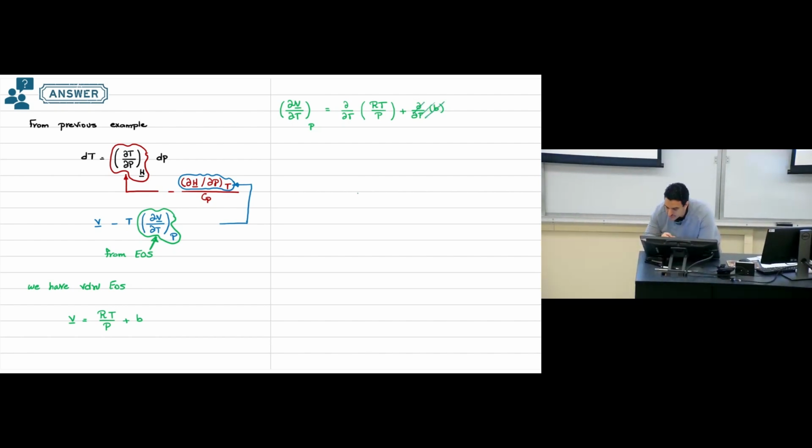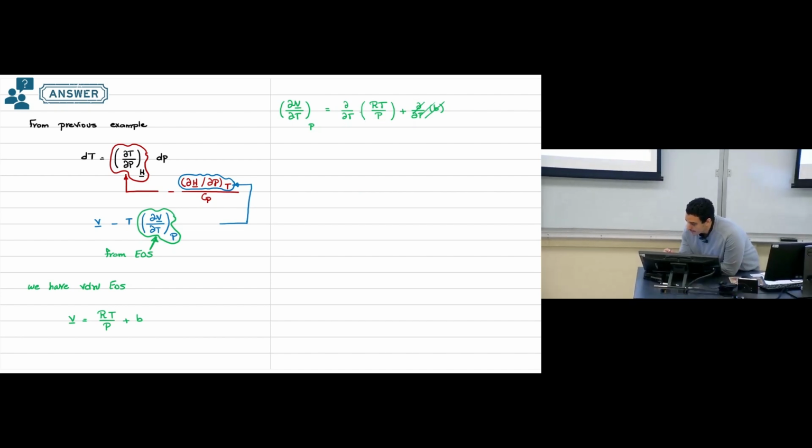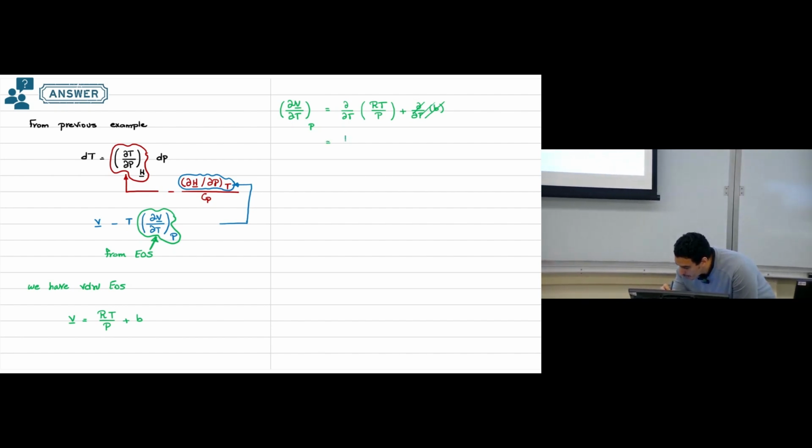The derivative of any constant is 0. Pressure is constant, so this will be R over P, with dT by dT equal to 1. So this will be equal to R over P.